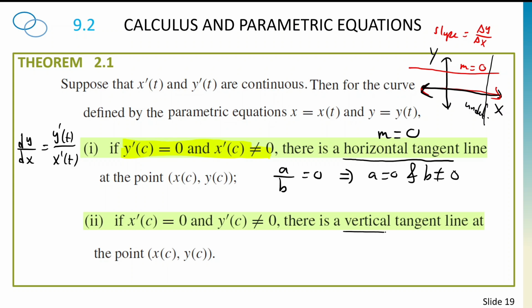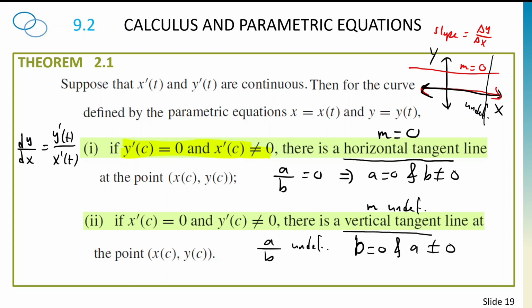Now, if it's a vertical tangent, in the same way, I need the slope to be undefined. If the slope is undefined, think about the fraction in general. When do I have a fraction undefined? If I'm dividing by 0. So if b equals 0 and a does not equal 0.